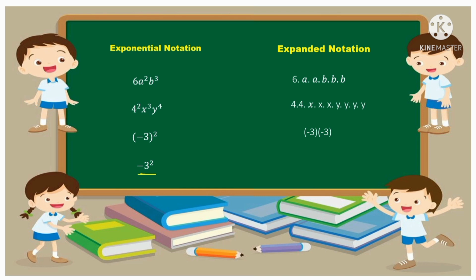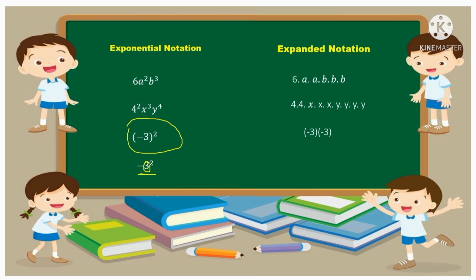So this is different from this example, the quantity of negative 3 squared. So that is different from this one, negative 3 squared. How are we going to write this one? Take note, if it does not have a parenthesis, or it was not enclosed with a parenthesis, it means only 3, only that one will be multiplied by itself.